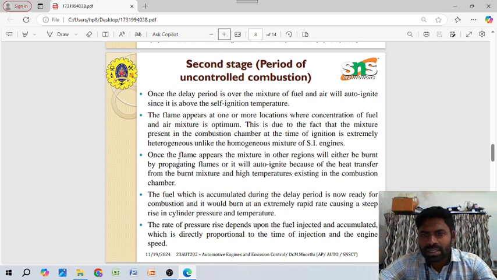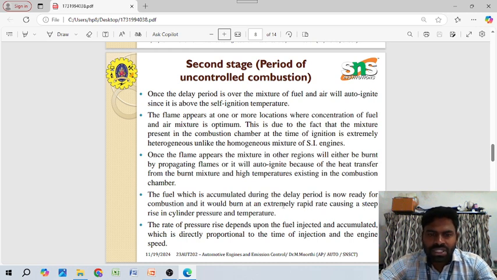This is because the mixture present in the combustion chamber at the time of ignition is extremely heterogeneous, unlike the homogeneous mixture of the SI engine. Once the flame appears, the mixture in the other regions will either be burnt by propagating flames, or it will auto-ignite because of heat transfer from the burnt mixture and the high temperature existing in the combustion chamber.